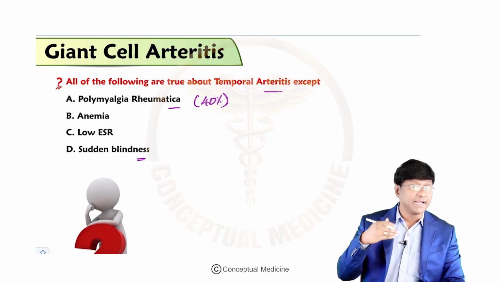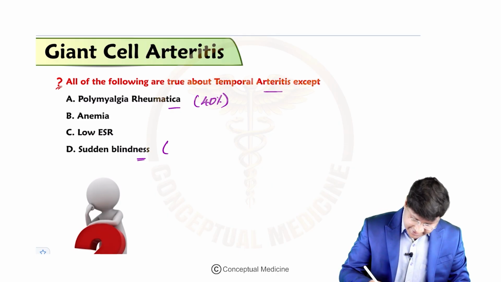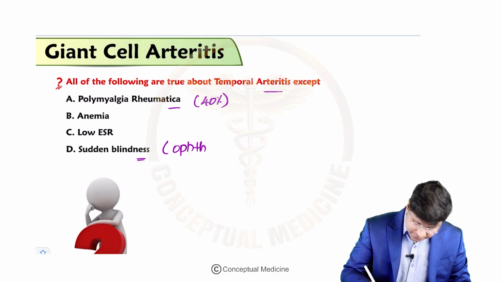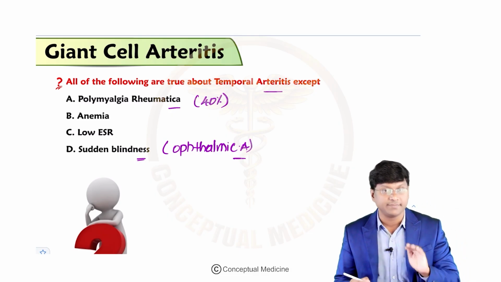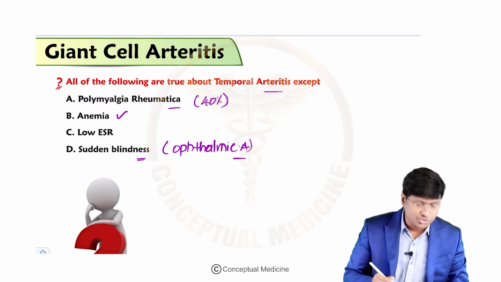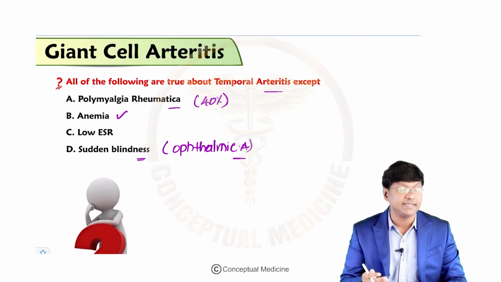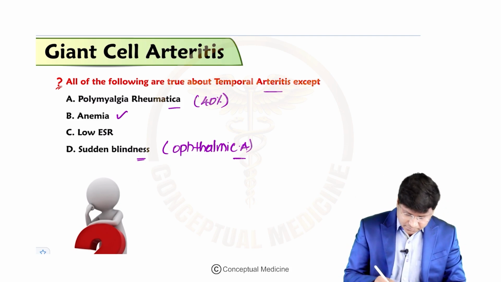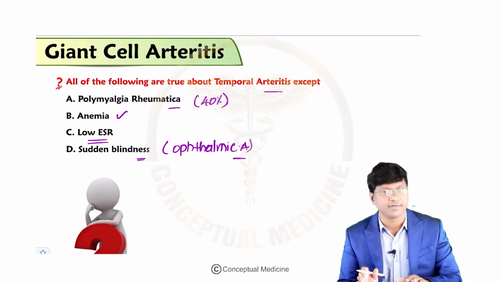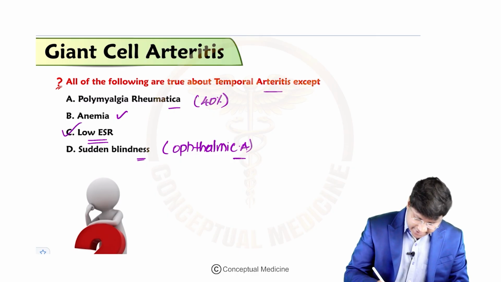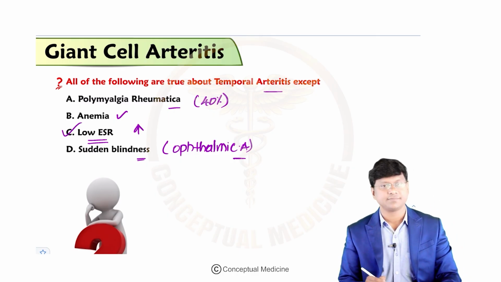Sudden onset blindness can also be there because of the involvement of the ophthalmic artery. Anemia can also be there, that is anemia of chronic inflammation. But low ESR is not a feature of temporal arteritis. These patients have a high ESR.